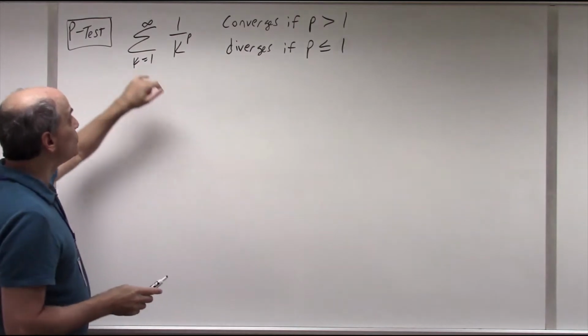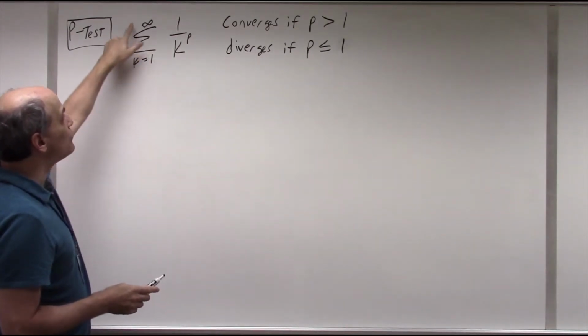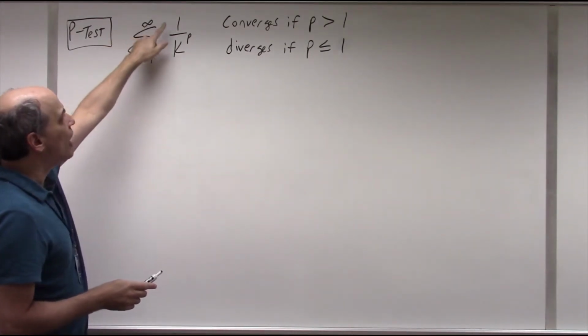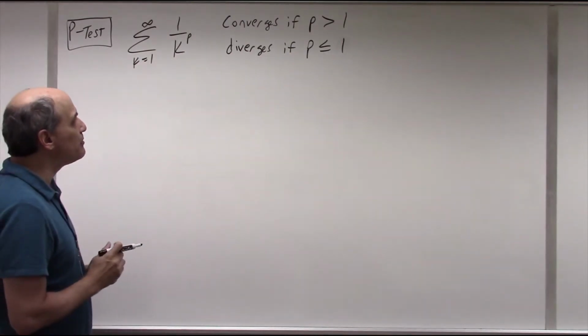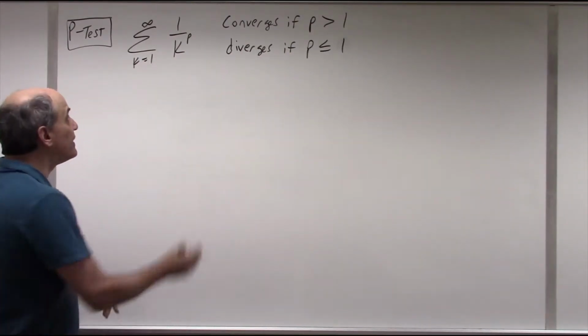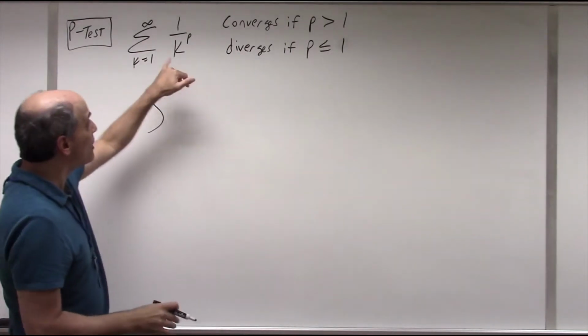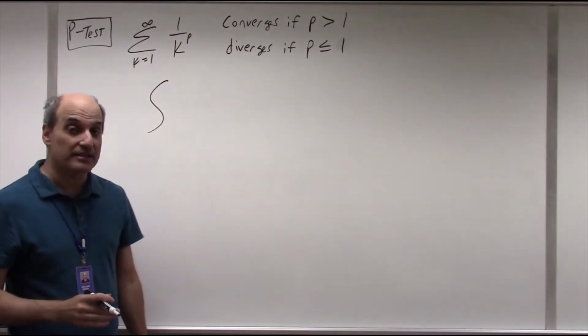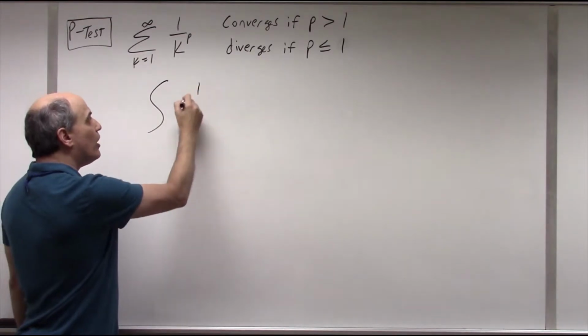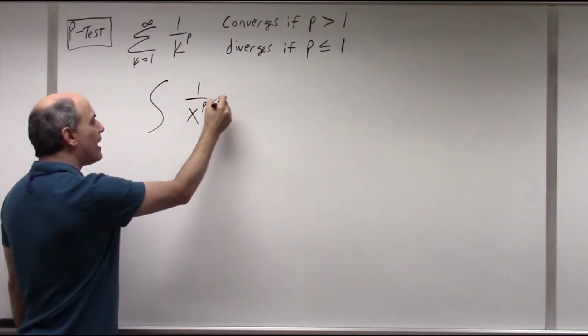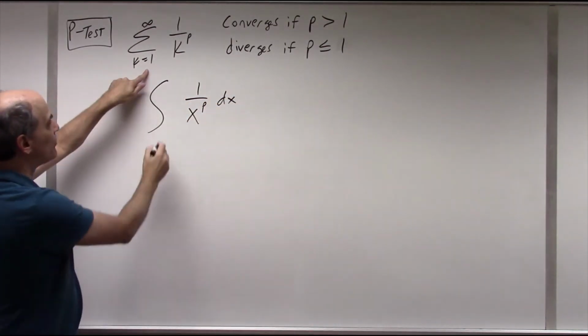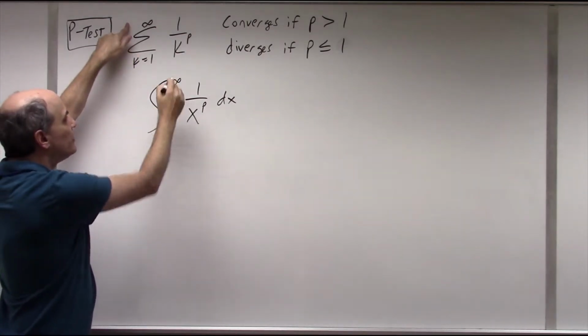So rather than looking at the sum from k equals 1 to infinity of 1 over k to the p power, let's integrate that. Now, to make the integration a little bit easier to follow, I'm going to change the k to an x. So let's integrate 1 over x to the p power, dx, from 1 to infinity.